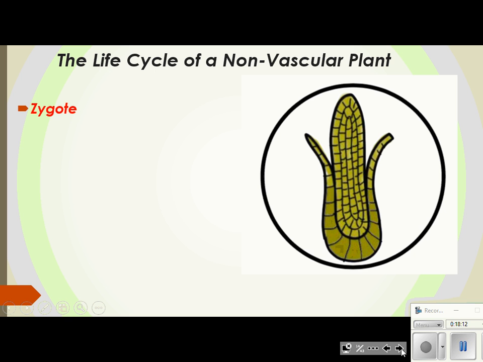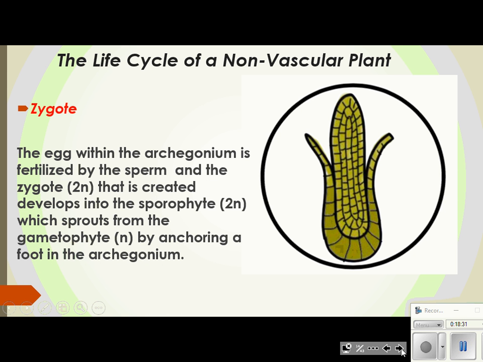Now, a zygote is when the egg is fertilized by the sperm. So, within the archegonium, the sperm fertilizes the egg, and the zygote, which is diploid, is created.